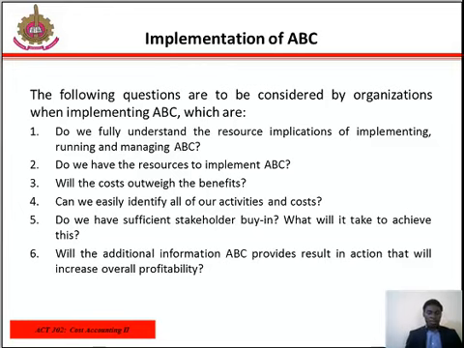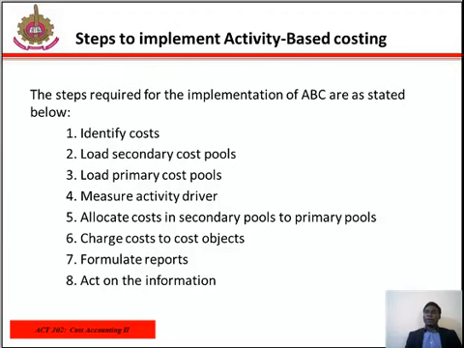You need to identify what is going to be the cost effect for that production. And number three, we look at what's going to be the primary cost pool for production. And number four, you measure activity drivers, because we have earlier discussed what a driver is and what driver cost is.